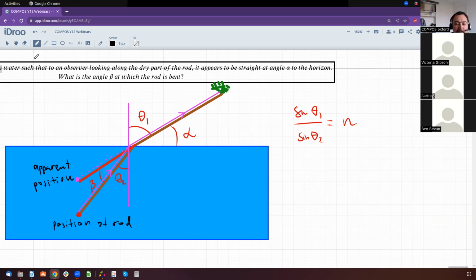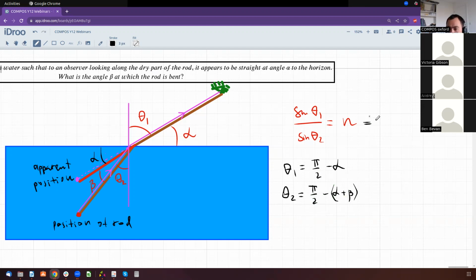Then the maths becomes simple once you've drawn this carefully. Here theta 1 is pi over 2 minus alpha, and the angle theta 2 is pi over 2 minus alpha plus beta, like this.